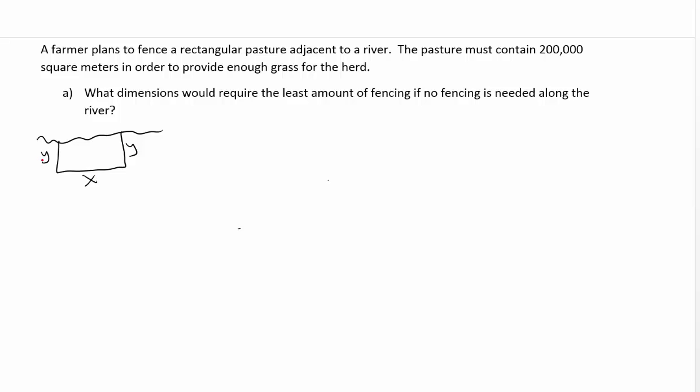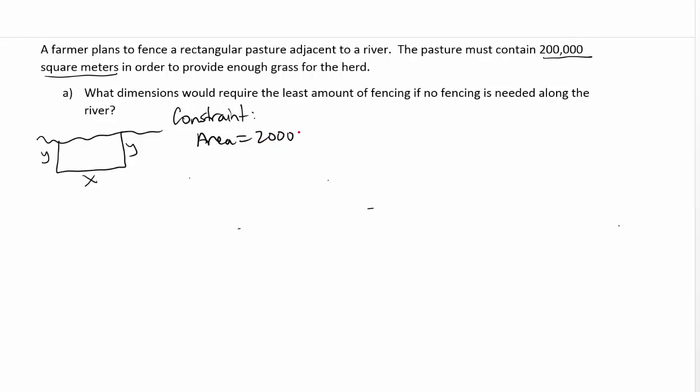So what is our constraint for this problem? Well, we know that the pasture must contain 200,000 square meters. So think about the units of that. Square meters is a unit of measurement for area. So this 200,000 is actually an area.